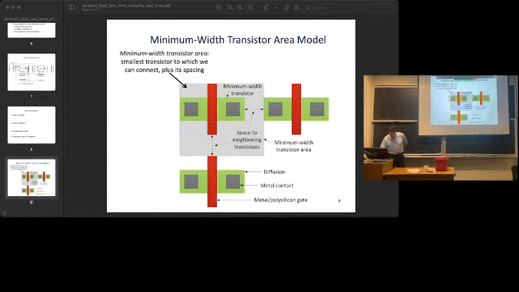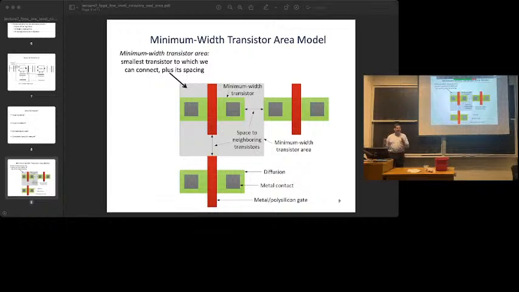Then you have to have a gate, and the gate needs to have a certain distance from those contacts, and so on. Then there's a spacing rule before you can make another transistor. So you take this whole thing, and it basically defines how much space I need to make the smallest transistor I can, including the space to the next transistors and the ability to actually connect to it, and so on.